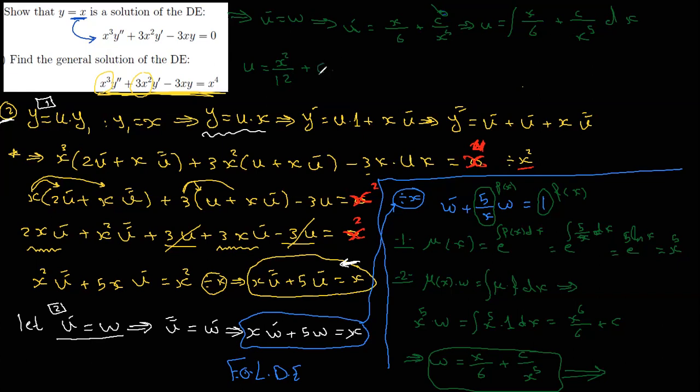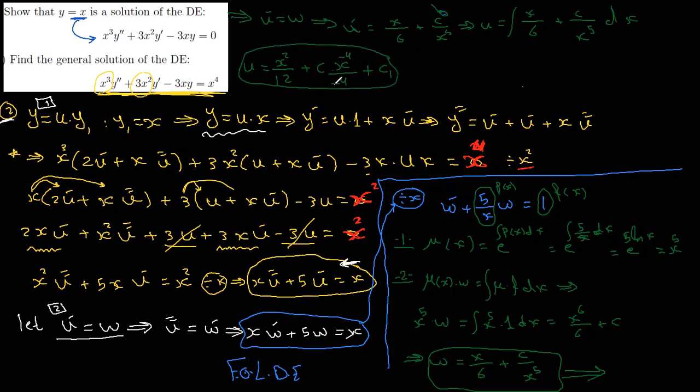The integral of 1 over x to the power 5 is x to the power of -5, so add 1: 1 over x to the power 4, and divide by 4. Yes, and you need to add a new constant for the integration. So this is my u.